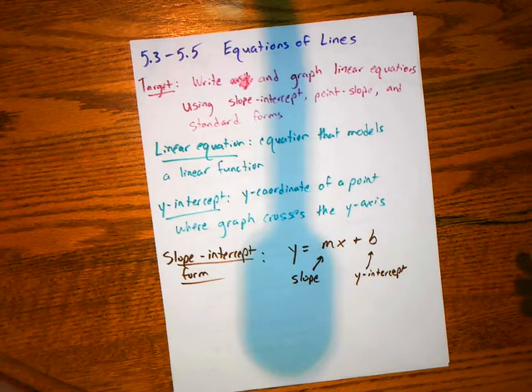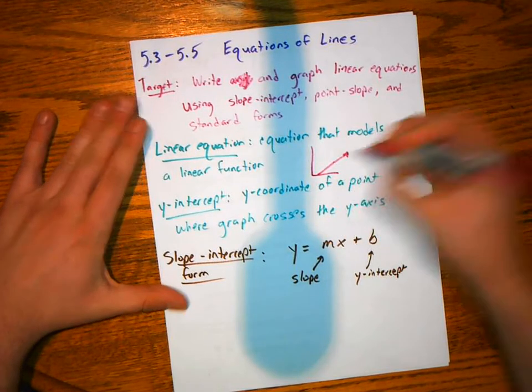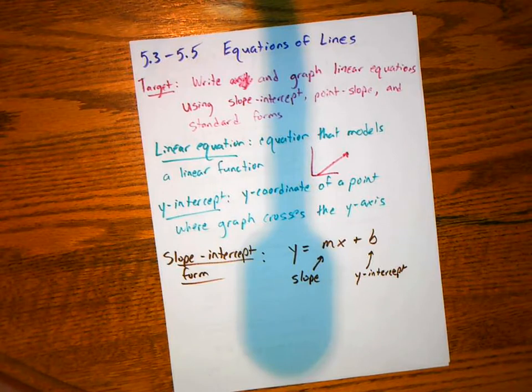But 2 definitions before we get started. A linear equation is an equation that models a linear function, so anything that's a line is going to be able to have a linear equation where we can write it so that it models the behaviors of that function. Then there's a y-intercept, and that's the y-coordinate of a point that goes through the y-axis.